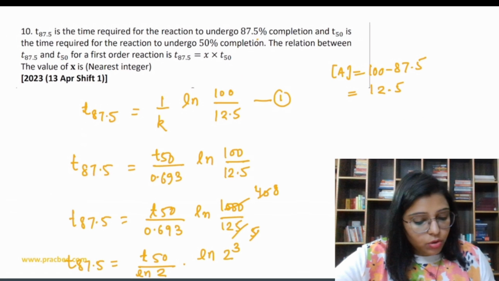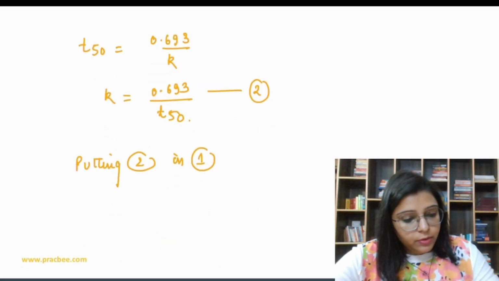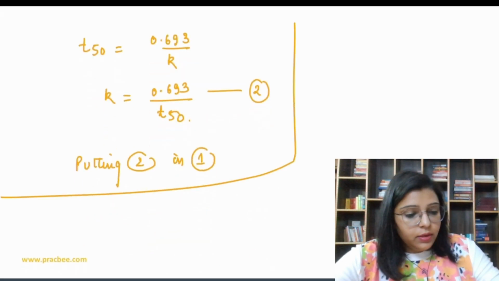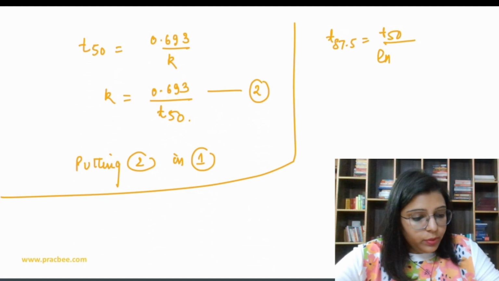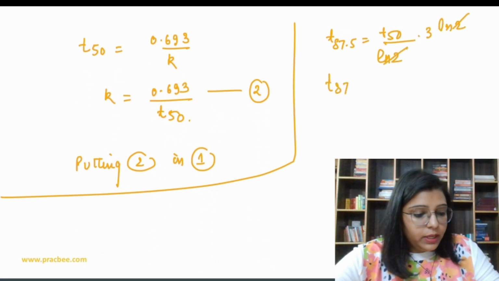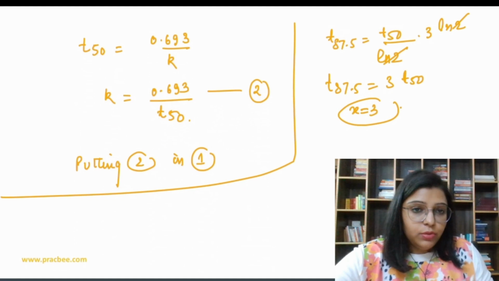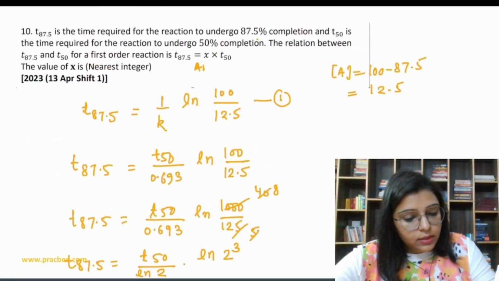So on solving it further, what do we get? We get T87.5 equal to T50 upon ln 2 times 3 ln 2, so ln 2 cancels. So T87.5 is 3 times T50. So the value of x is 3, right? The value of x is 3. So the answer is 3. Clear?